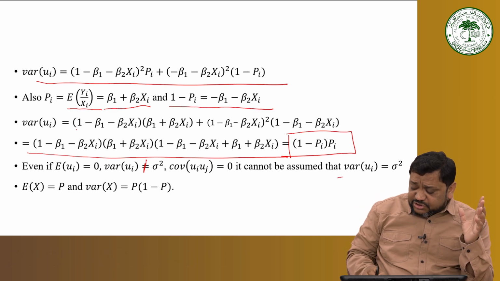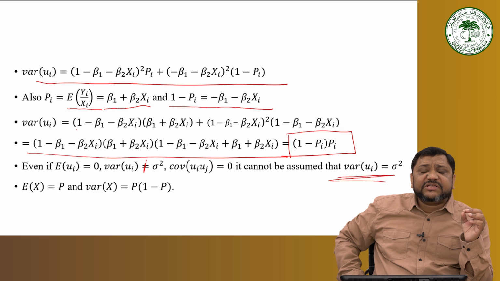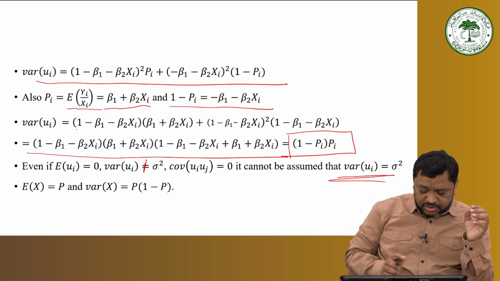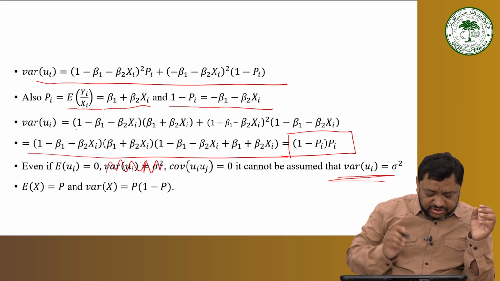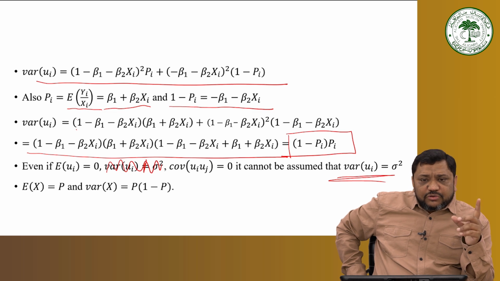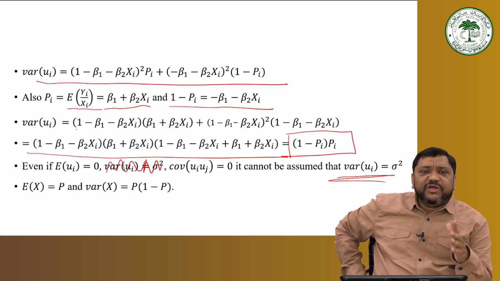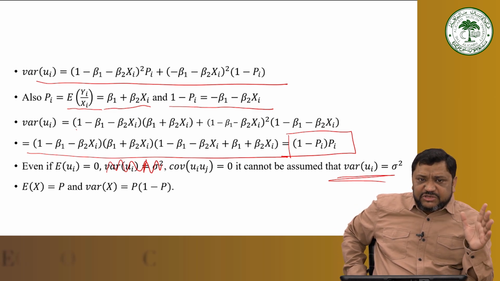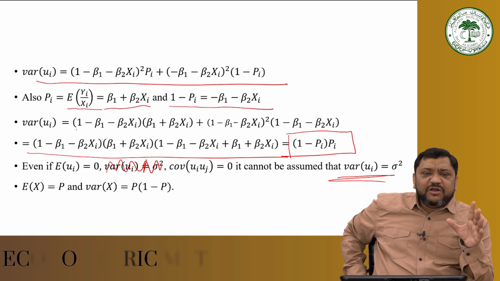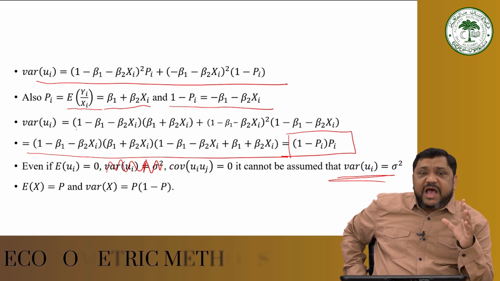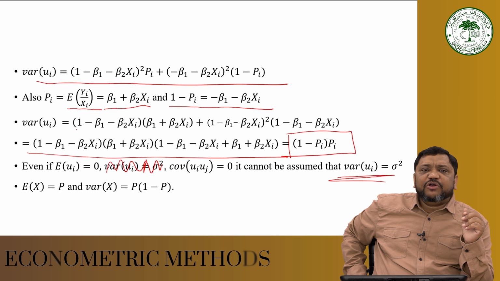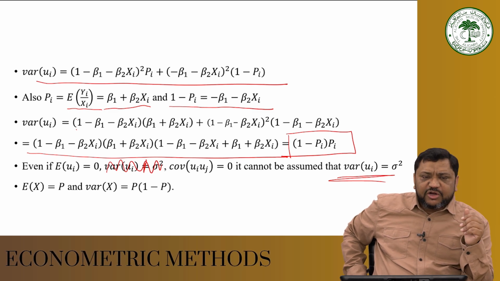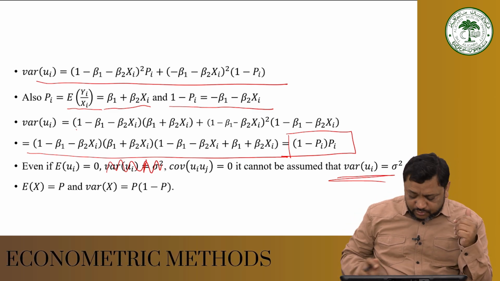It cannot be assumed that the variance of ui is equal to sigma square. We ignore this term over here. So even if the expected value of ui is 0 and the covariance of ui uj is 0, we cannot say that the variance of ui is equal to sigma square. So the expected value of x is equal to p and the variance of x is equal to p(1 minus p).